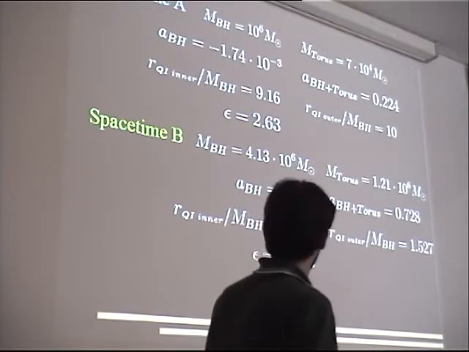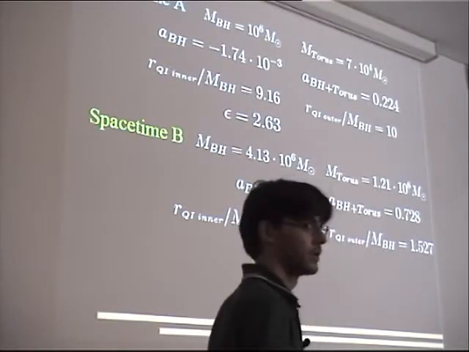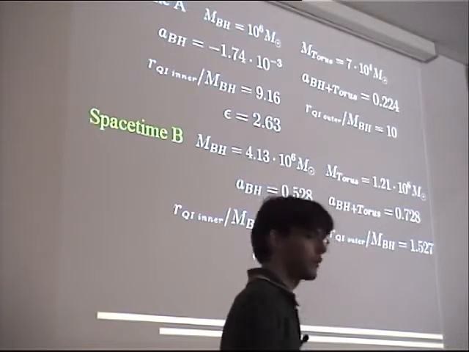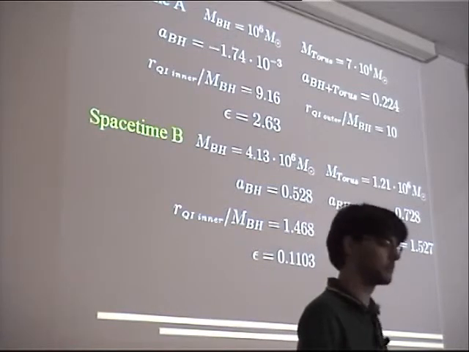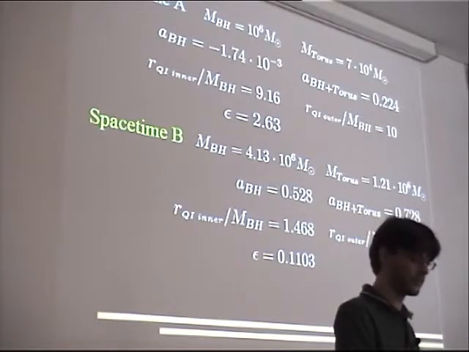Quite surprising, at least to me. It turned out that the epsilon parameter for this spacetime was much lower than it was for the first one. So from outside, the system is very similar to Kerr if you look at it from far away.